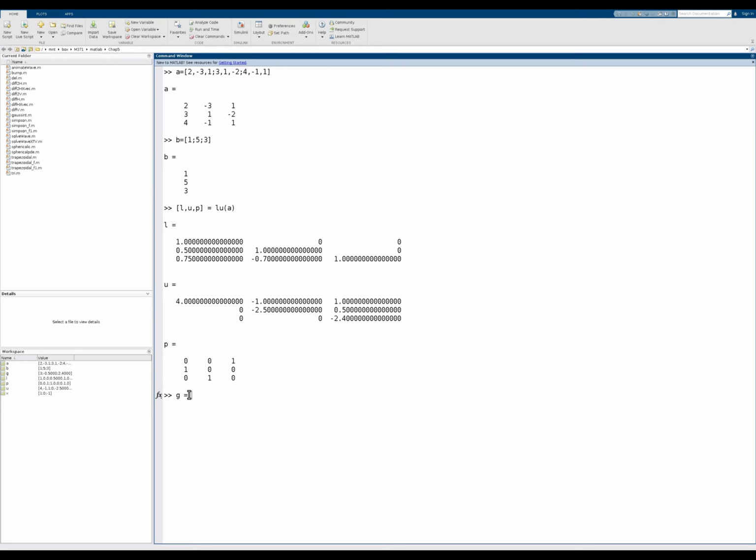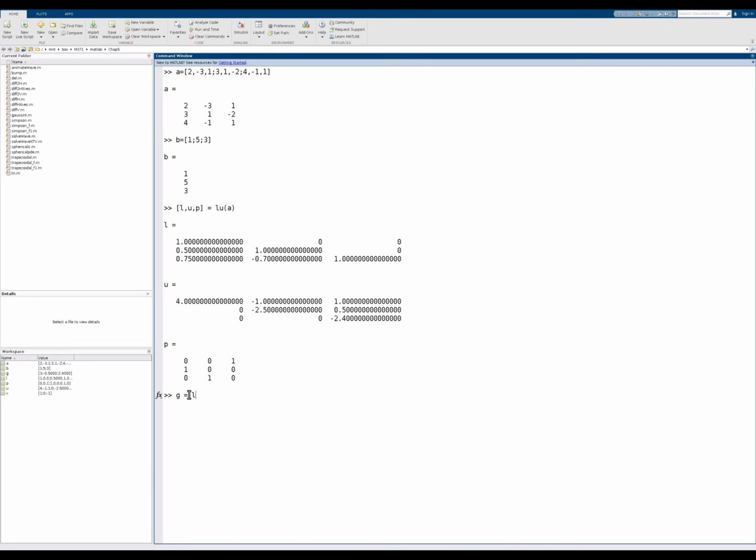Now, there's another shortcut you can use in MATLAB to do this. When you solve L times G equals something, in a sense you want to divide out the L. We never talk about division when we're talking about matrix operations, but that is, in a sense, what we want to do. And so MATLAB uses that as a shorthand convention.